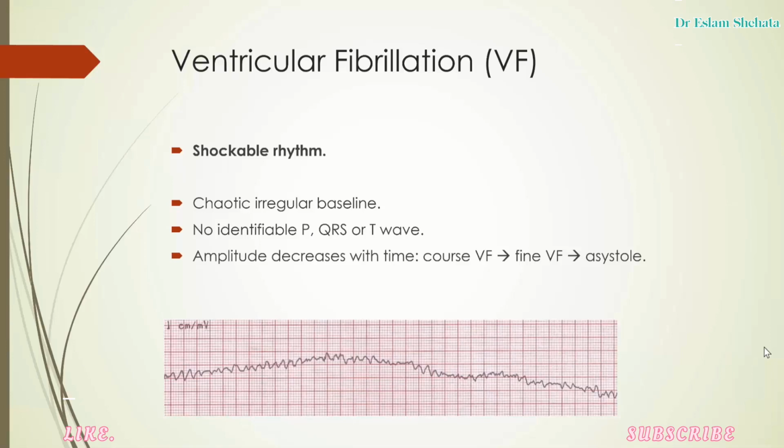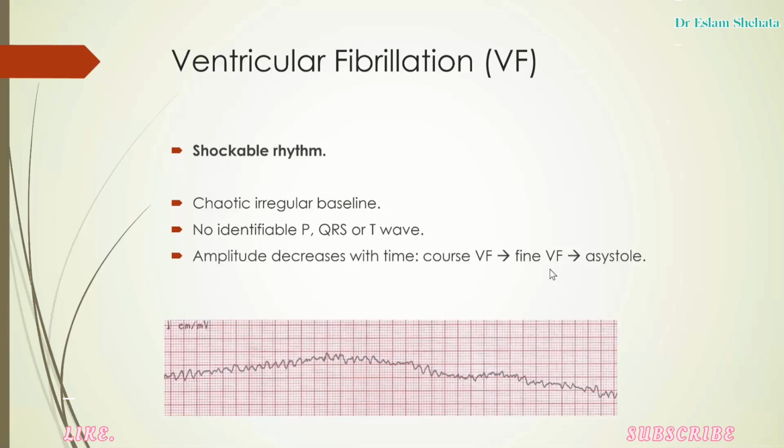There are no identifiable waves, and I'd like to point out that although it is a shockable rhythm, it will quickly deteriorate into asystole, and at that point it's not a shockable rhythm. You can't shock asystole. It may start with coarse VF, and then deteriorate into fine VF, and if you're not looking closely at your defibrillator, that may look like asystole.